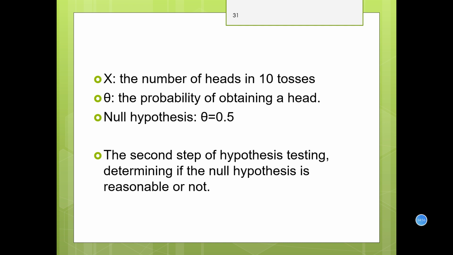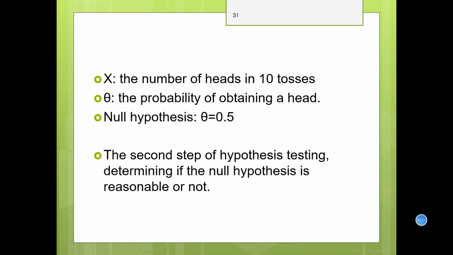So in this step, actually what we need to do is try to prove the null hypothesis should be rejected. So we need to find something to reject the null hypothesis. We try to prove that.